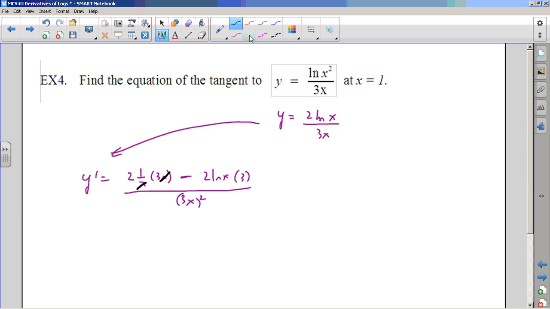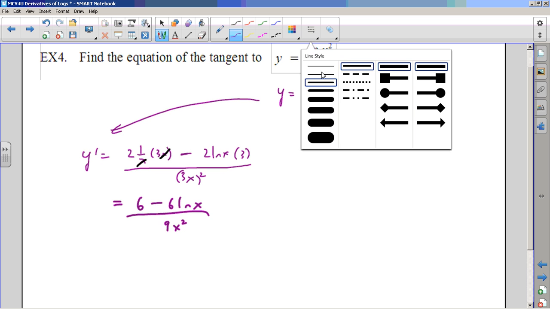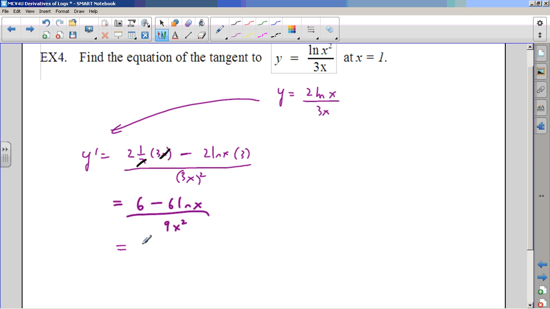This is just going to be 6. Does this tie? Well, there's a 6 there as well. So 6 minus 6 ln x over 9x squared. It looks like if I wanted to, I could cancel a 3 right there. Divide everything by 3 and I get 2 minus 2 ln x over 3x squared, I believe.